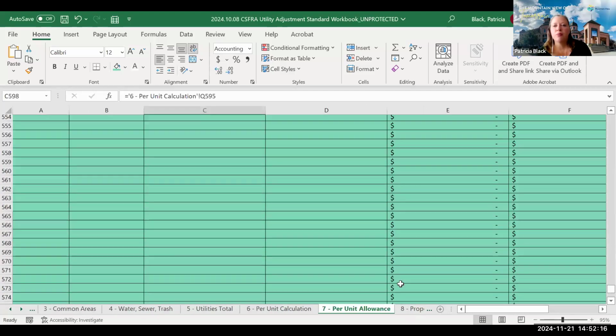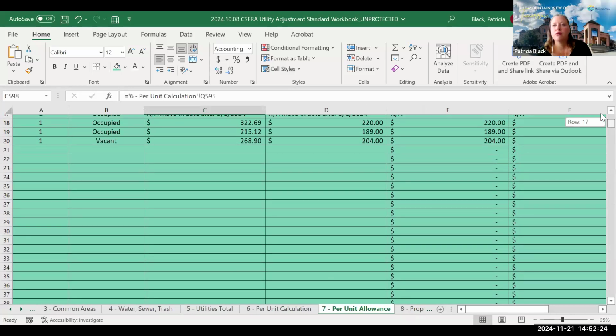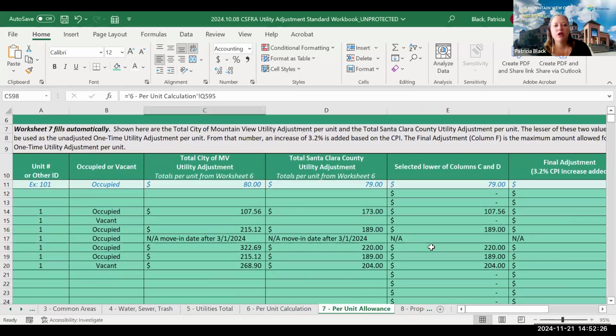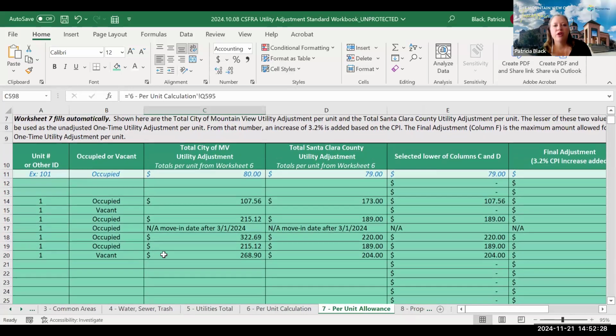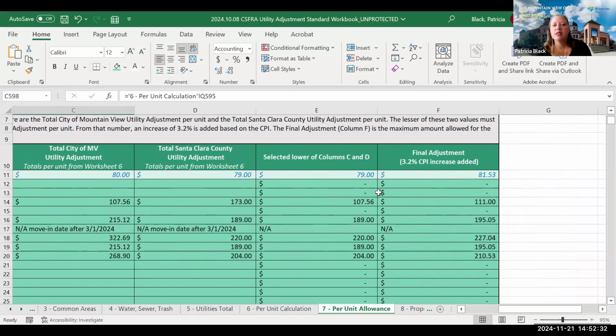Well, it's going to look at your per unit allowance in this worksheet 7. And again, it's doing all the work for you. So you don't have to do the calculations yourself. So it's looking at whether or not the unit's vacant or occupied, all of those calculations we just talked about. And then it's selecting which one is less.